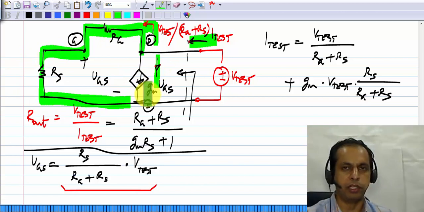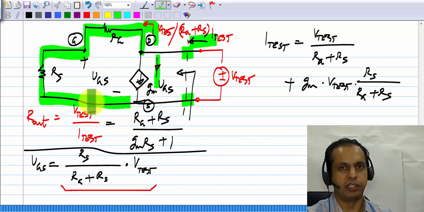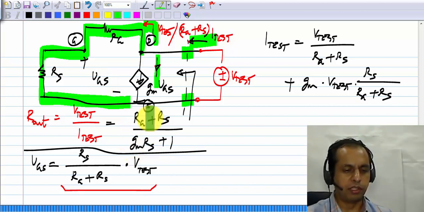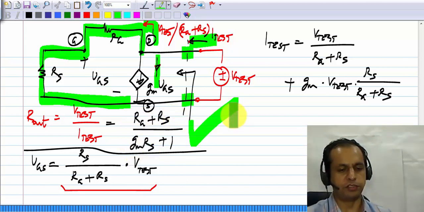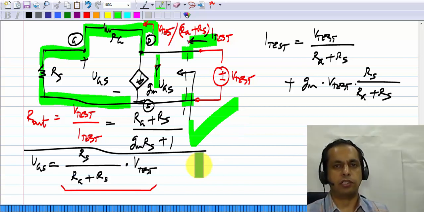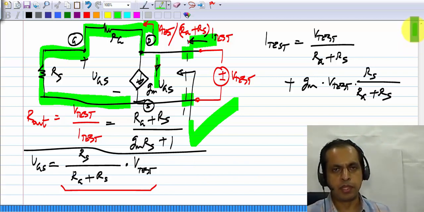This current source disappears, and all you see between these two terminals is the series combination of RG and RS. Now, in this expression, if you set gm to 0, the answer is RG plus RS. So it does satisfy the sanity check. And these things are very important, first of all for simply checking that the result that you got after a lot of algebra is correct, and also to get some intuition about the circuit.